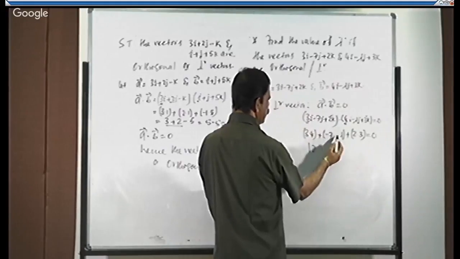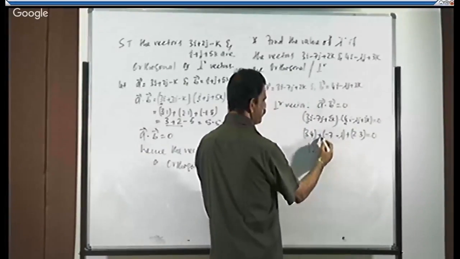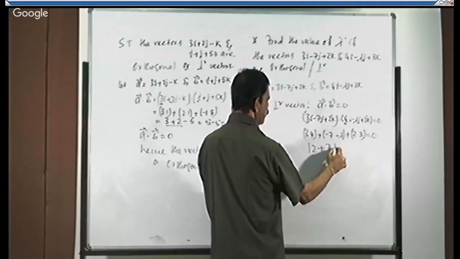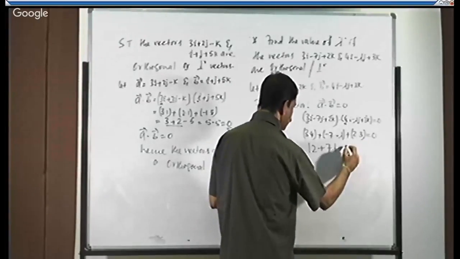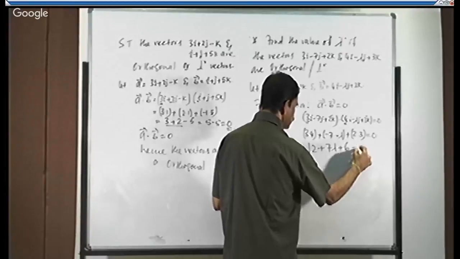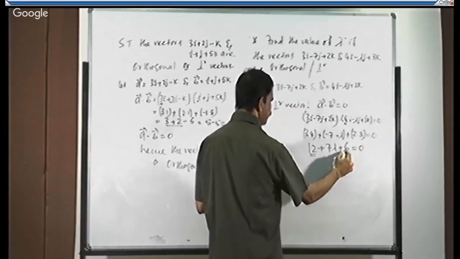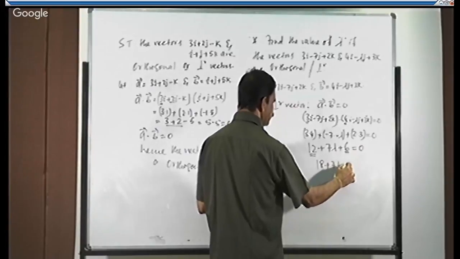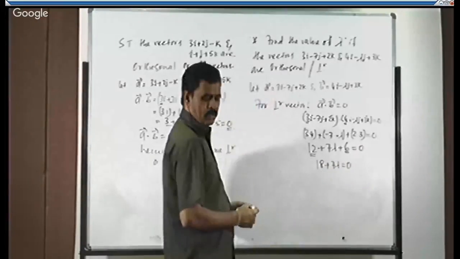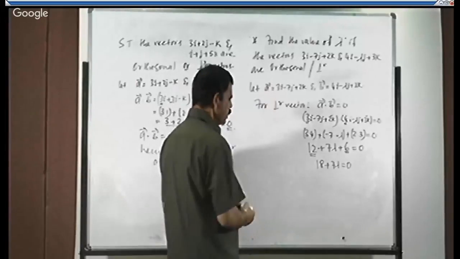Minus 7 into minus lambda, minus into minus is plus, 7 lambda, plus 2 into 3, it is 6, is equal to 0. 12 plus 6 is 18. 18 plus 7 lambda is equal to 0.